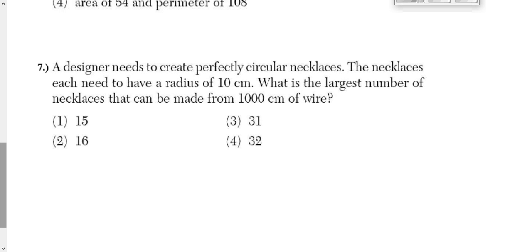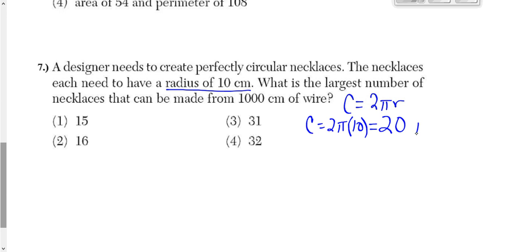So, circumference is what formula? 2 pi r. They gave us a radius of 10. Circumference will be 2 pi times 10, which equals 20 pi, right?